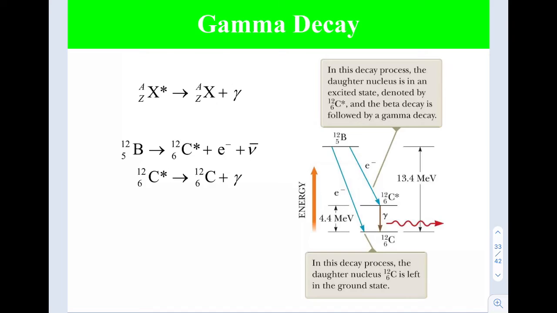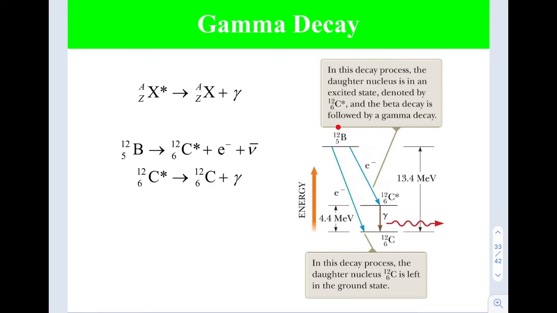Another option is that boron directly becomes carbon 12, releasing an electron or beta. In this decay process, the daughter nucleus carbon 12 is left in the ground state, or stable state.